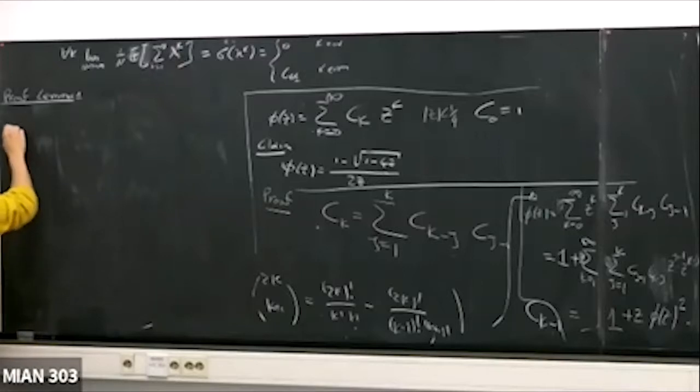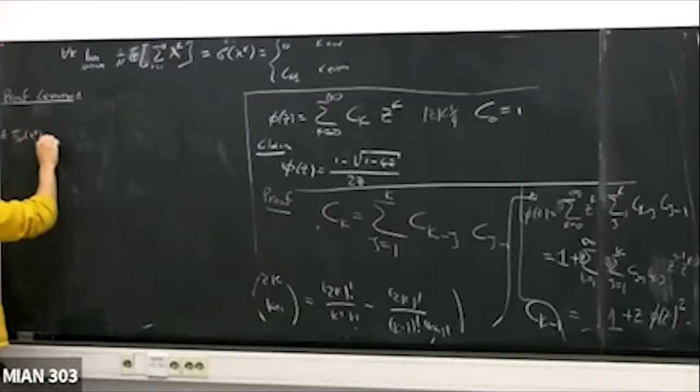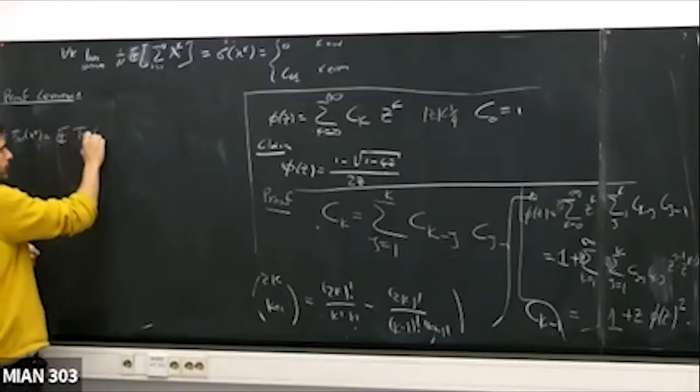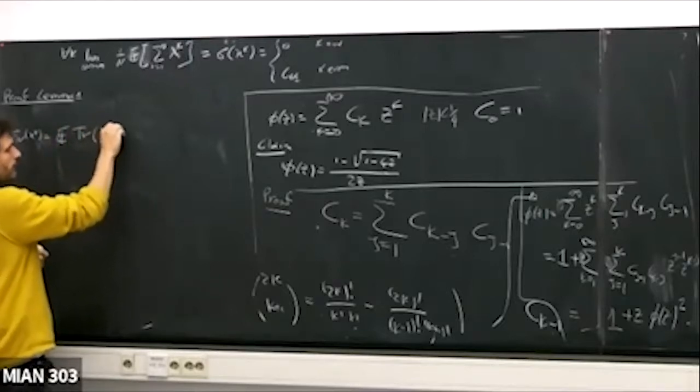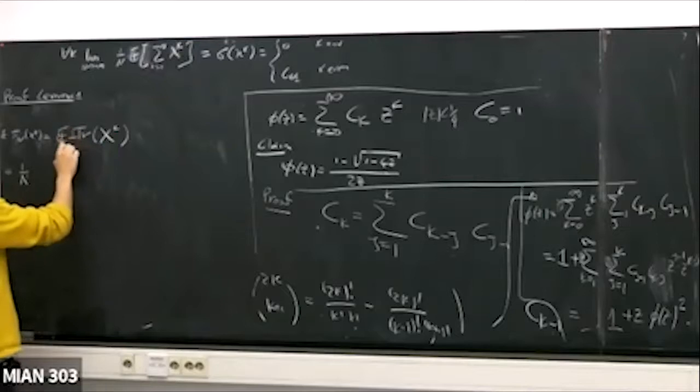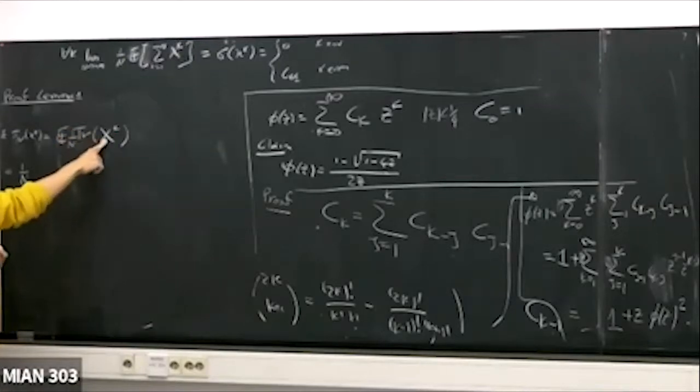So the expected value of pi_n of x to the k is nothing but the expected value of the trace of the matrix x to the k. So this is 1 over n, because this would be just the sum of the eigenvalues, and there was 1 over n, eigenvalues to the k.